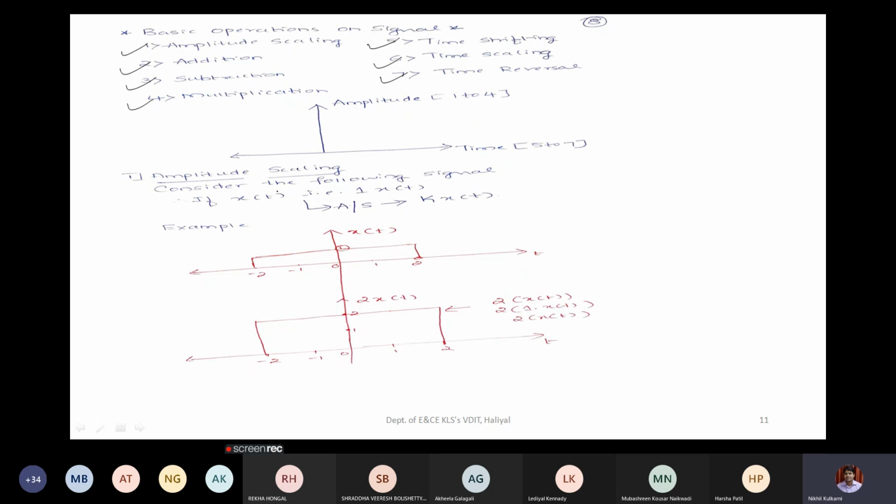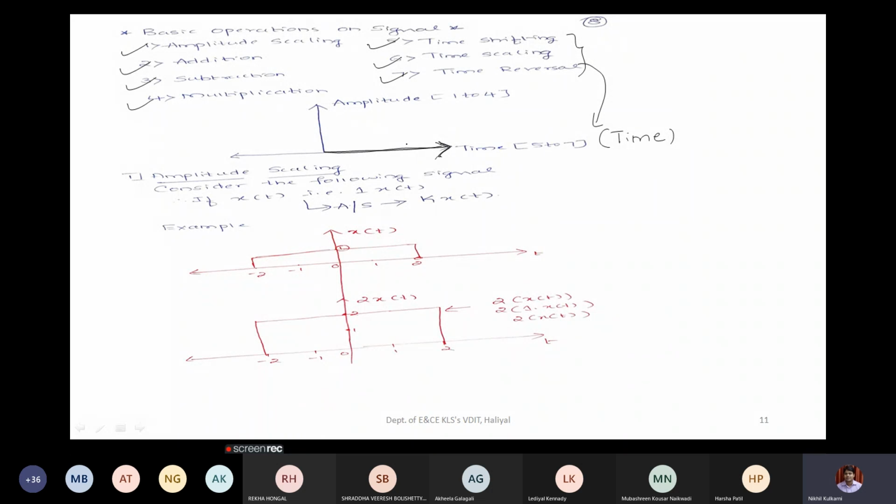Okay. Before going to the actual operation, if you consider this graphical notation, horizontally we use this for the time axis, right? So the operations named time shifting, time scaling and time reversal are carried out with respect to the values which appear here horizontally.